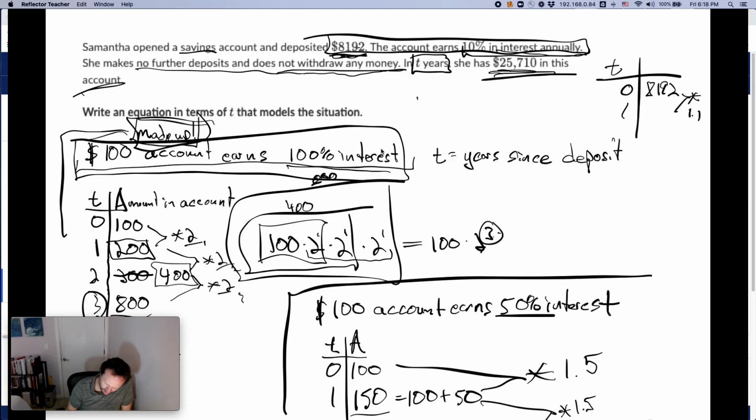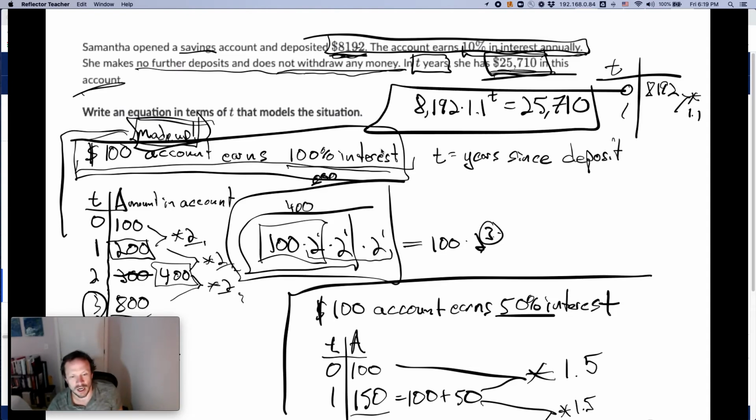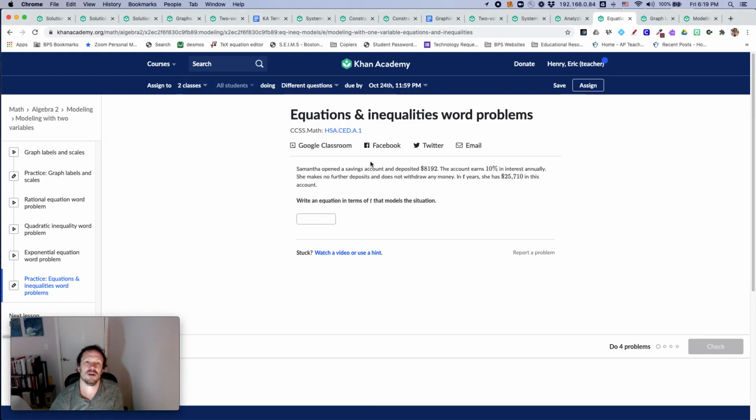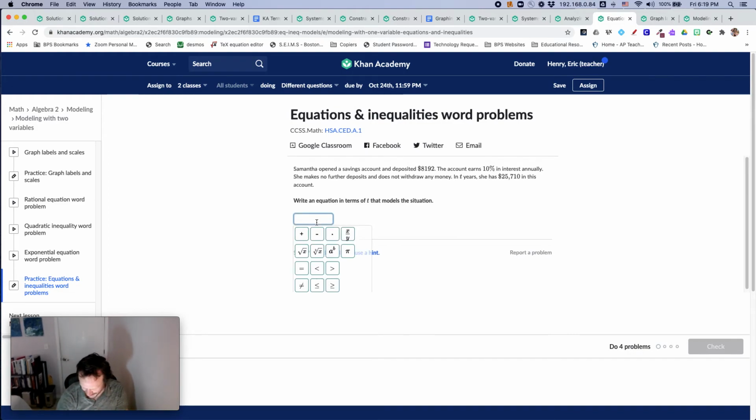So we have 8,192 times 1.1 to the power of t. And what do we want that to be equal to? That should be the amount of money in the account, equals 25,710. And there's the answer to the problem. A great fun problem, an opportunity for me to throw some exponentials at you, but probably not fair for me to give you.